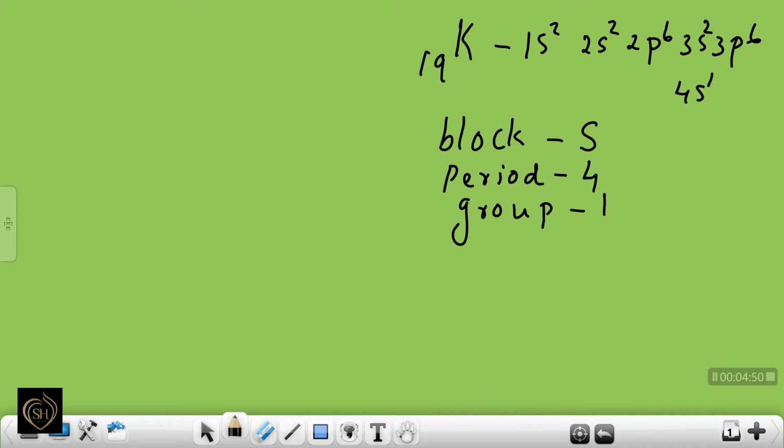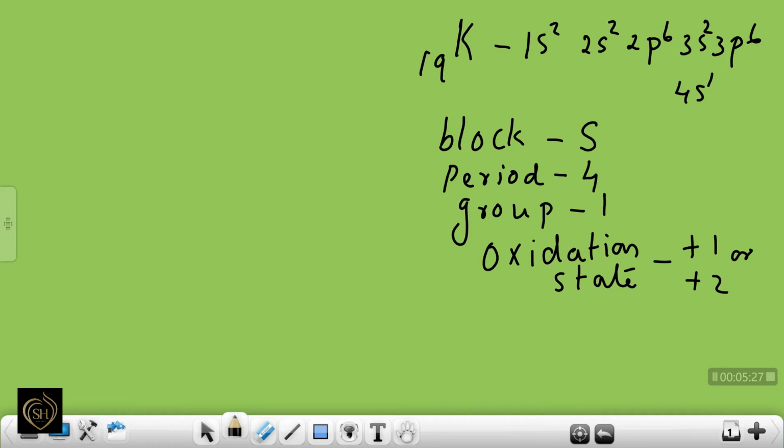Then let us see the properties of S block elements. You know that the S block elements are the first group and the second group. They are all metals. As they contain 1 or 2 electrons in the outermost shell, during chemical reaction they lose 1 or 2 electrons. So the oxidation state of S block elements is +1 or +2: first group +1 and second group +2.